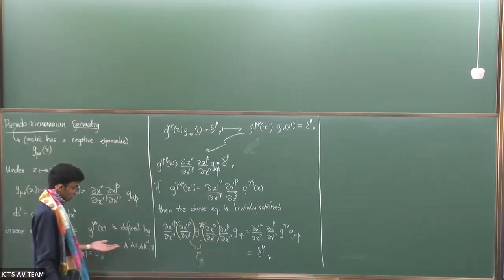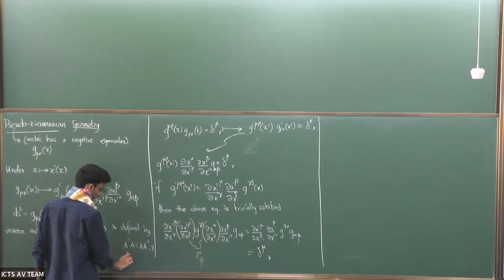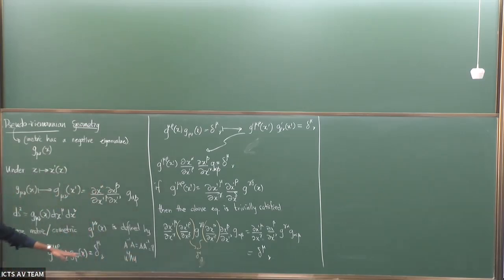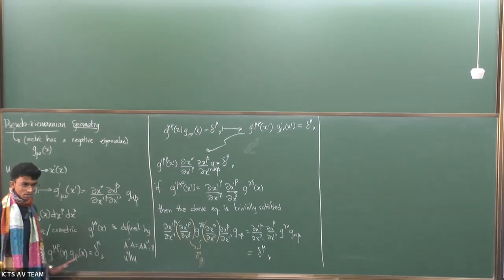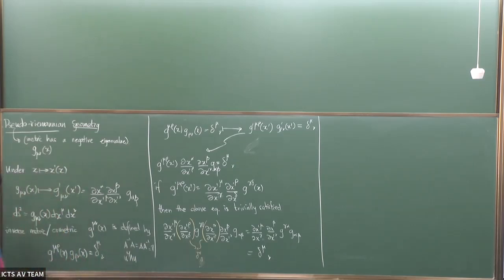Sure, if you want to transform A, since it's a matrix, let's say you want to transform it by a U, you would have to transform it like this. More generally, U inverse A U. There's nothing like that happening over here. This is just the definition of the inverse metric or the cometric. There is no vector here.